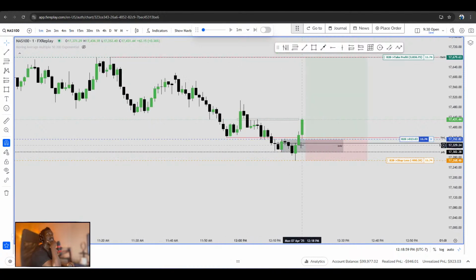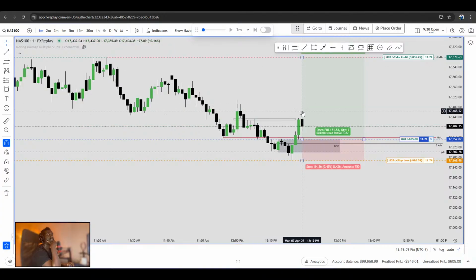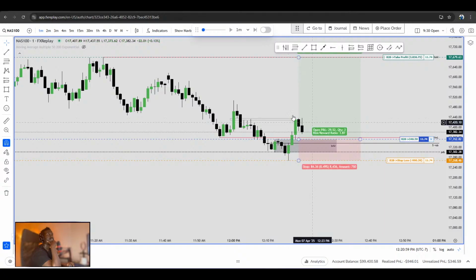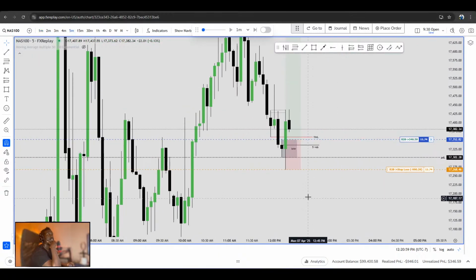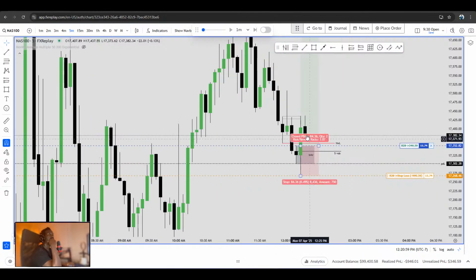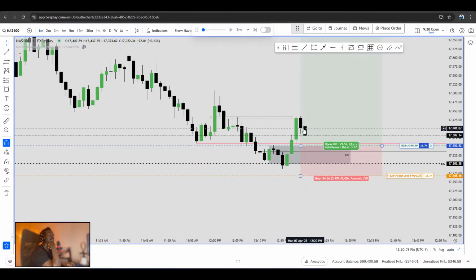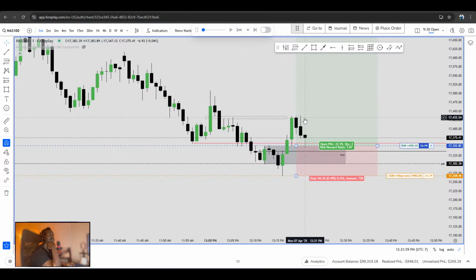What time is it? 12:18, 12:19, 12:20. Now the 5 minute candle has closed. So no, this one had already closed, I believe so. That's the 12:15 to 12:20. Hold up, the 12:20 is right now, so that's 12:21.